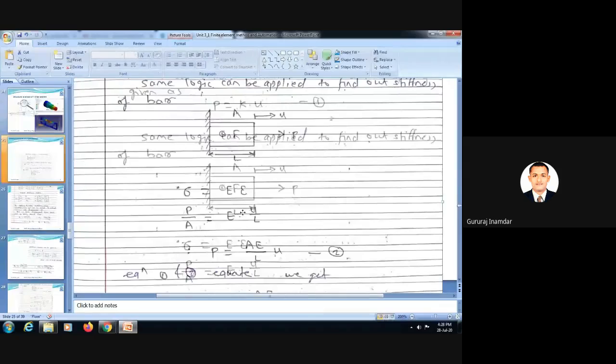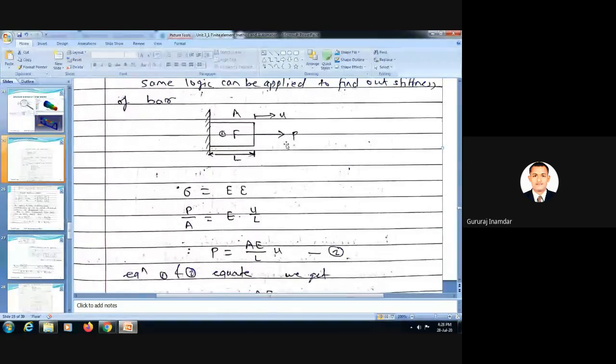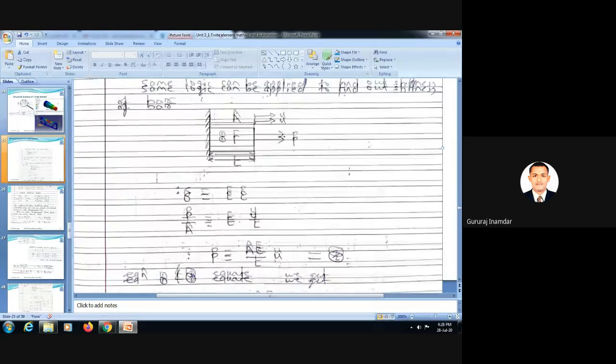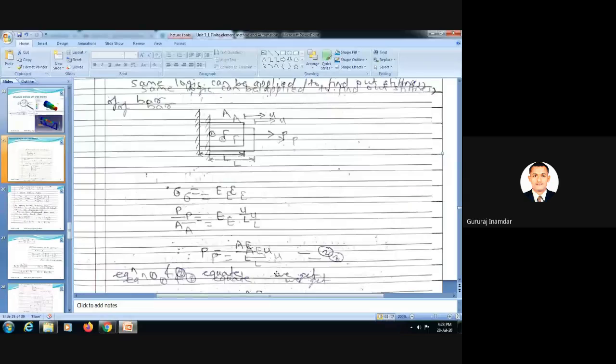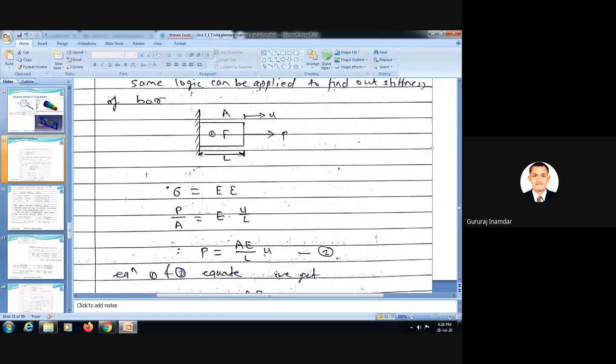So rearranging the equations, as in the previous case where we had P for the spring, here we get the equation P is equal to AE upon L into U, where P is the force, A is the area of that bar, E is Young's modulus, L is the length of that bar, and U is the displacement.